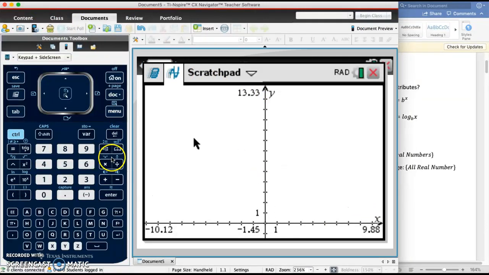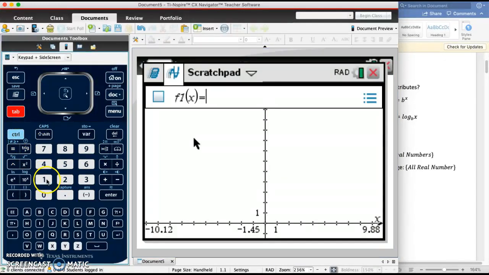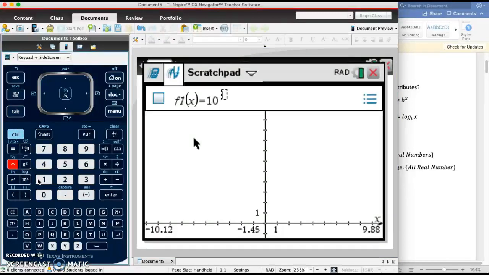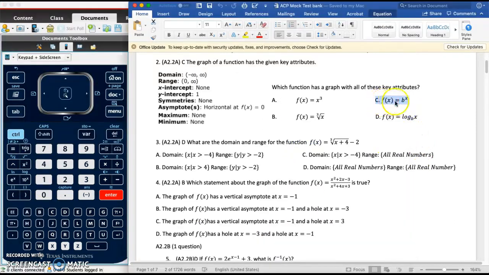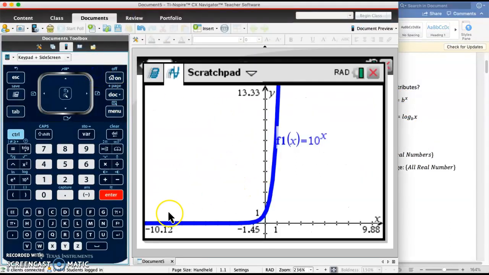For b, I'm going to put in the number 10. So tab, 10 raised to the x. We'll press enter. If I look at this equation C, it says b to the x. Well, I put 10 to the x, which I'm putting in for b. It does not go past 0.